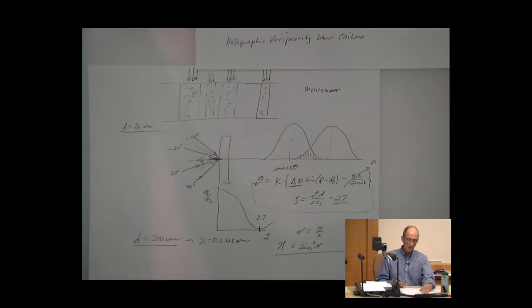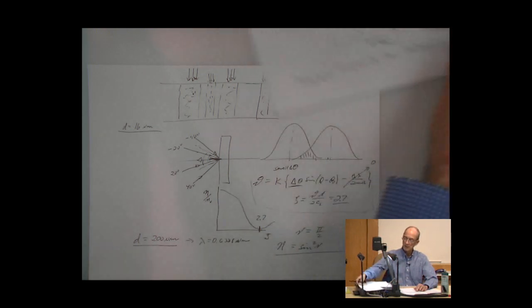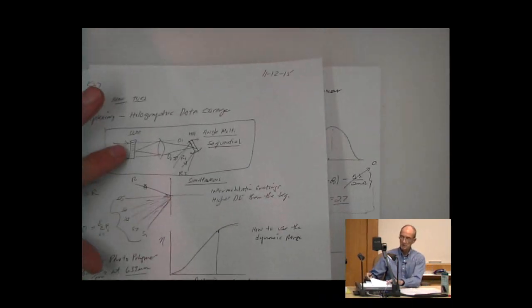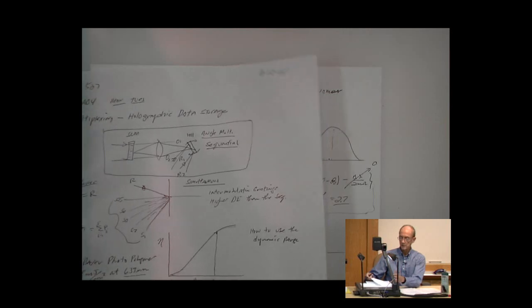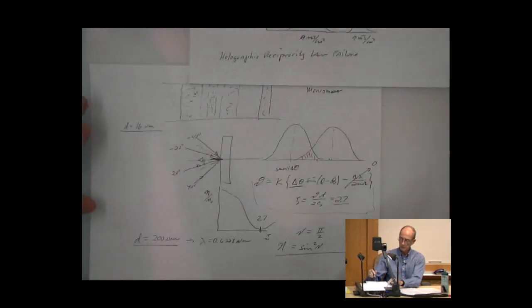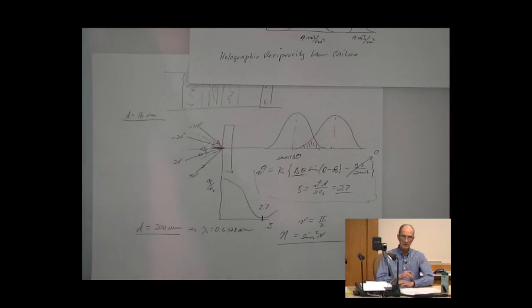It's a different material than you're actually working with, but one which is quite useful because it will allow you to get an idea of how many holograms you can actually record in a polymer material that's of some thickness like that.